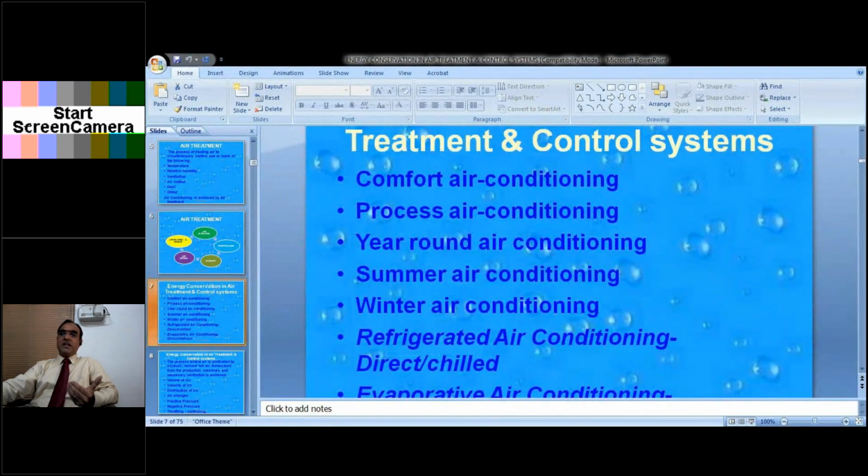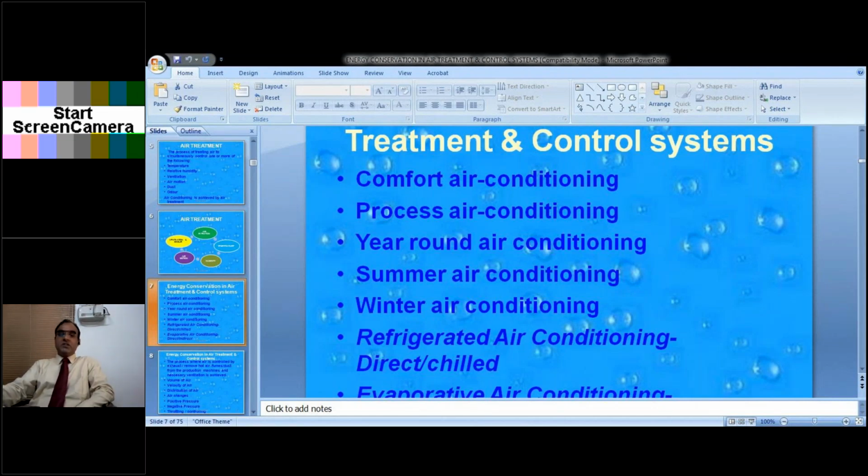If you see the types of air conditioning, there is comfort air conditioning, that is for the people, and process air conditioning, that is for the product in the manufacturing process. Year-round air conditioning means irrespective of the outside condition, you want to maintain a certain temperature and relative humidity and other parameters.